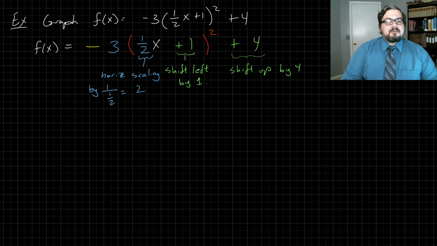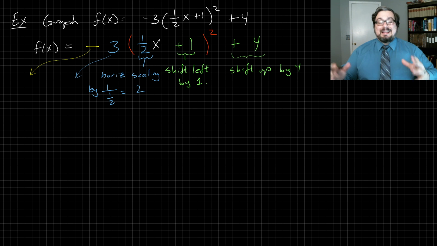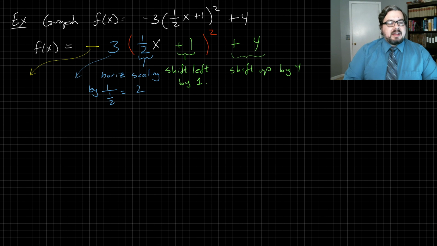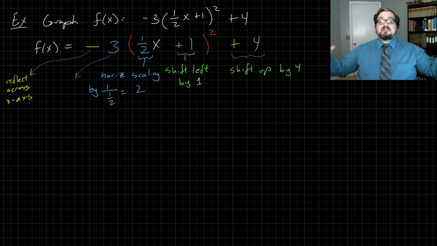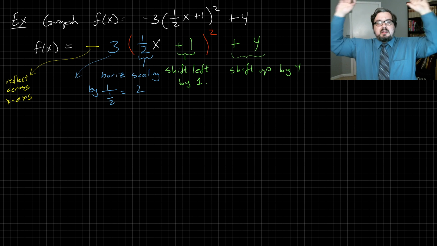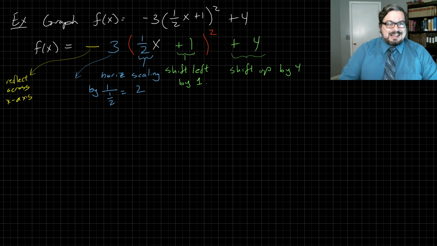Now, the negative 3 here, we could think of in 2 separate ways, but we'll see that we can actually combine the two. So the negative here is going to say reflect across the x-axis because it's on the outside, which means it's a vertical reflection, and a vertical reflection is across the x-axis.